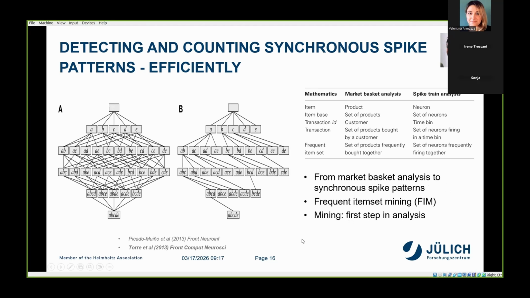It was a bit of an issue, but we made it work, and now we have a method which is very effectively counting synchronous spike patterns very quickly. Only at the very end we get some counts of this pattern and of this pattern and of this combination and so on and so forth.